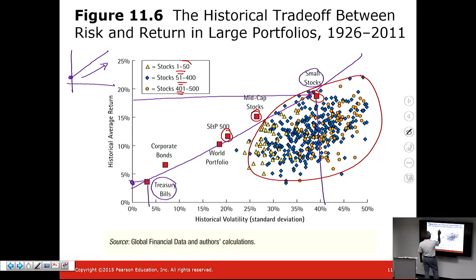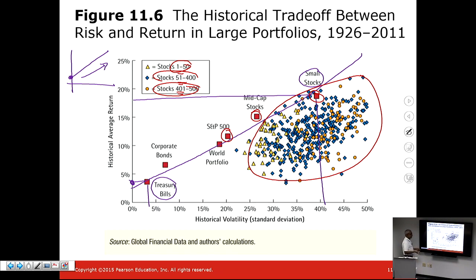The 1 to 50 are the large, and these are the mid, and these are the smaller within the S&P 500 portfolio. So they're scattered all around. That tells us that the risk-return relationship of one individual stock may or may not align as well as the risk-return characteristics of the portfolio.